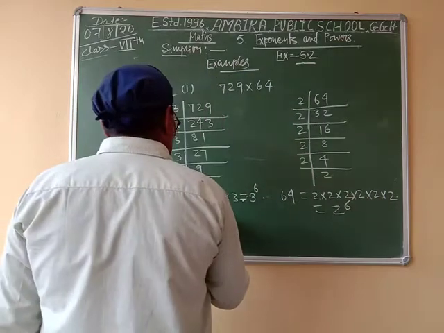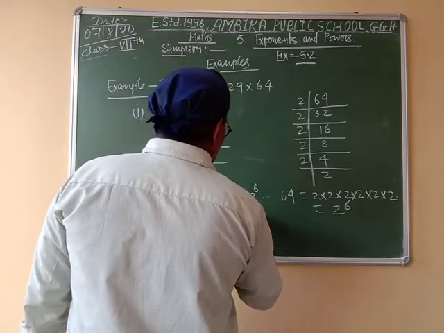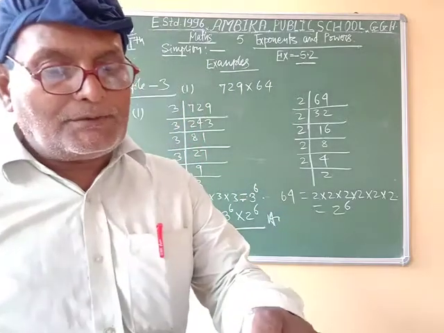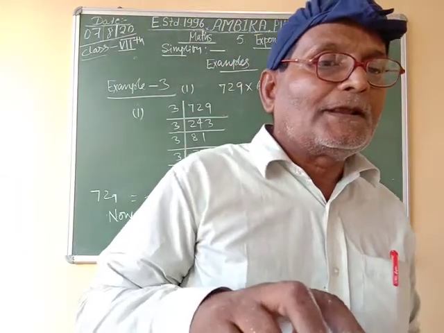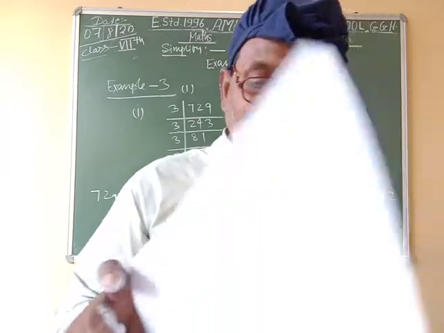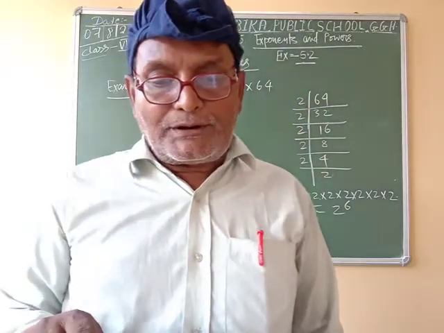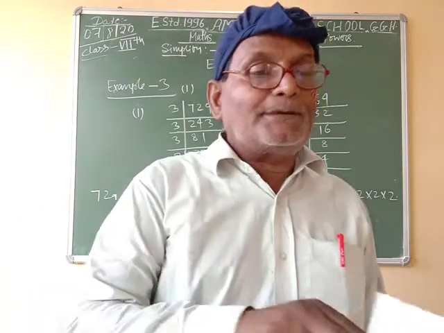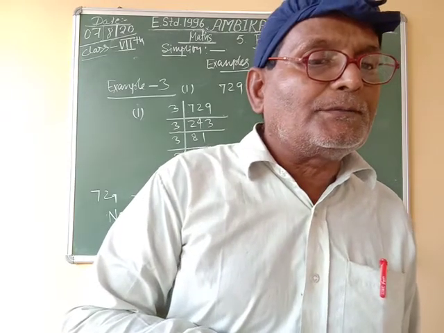In exponential form, we can write 3 to the power 6 into 2 to the power 6, so that we write each of the following as a product of powers of their prime factors.